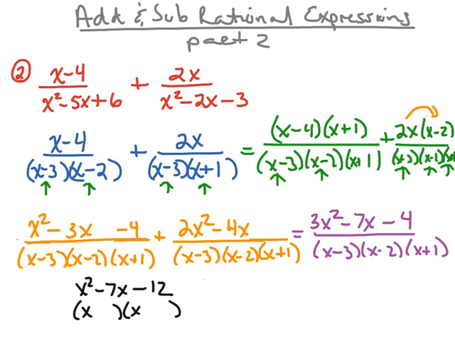Negative 12 and 1. However, that won't add up to a negative 7. So at this point, it looks like no matter what I try, there are no factors of negative 12 that are going to add up to a negative 7. Therefore, 3x squared minus 7x minus 4 cannot be factored, which means I can't reduce this. So I'm going to leave it in this form right here.